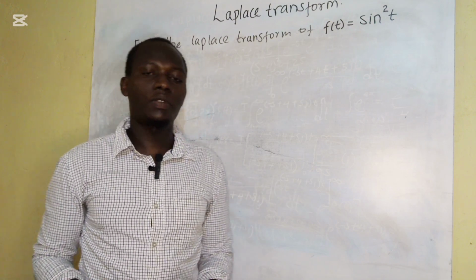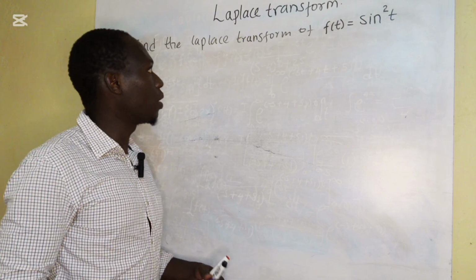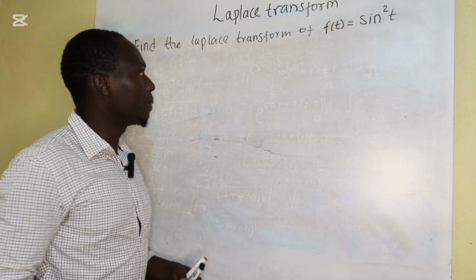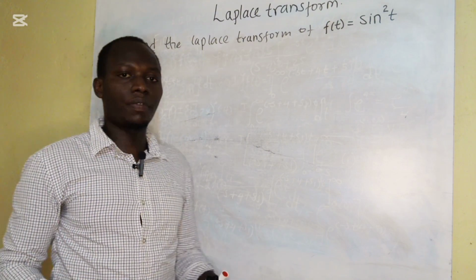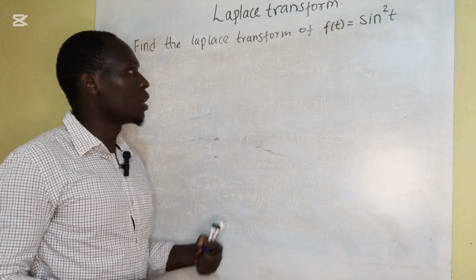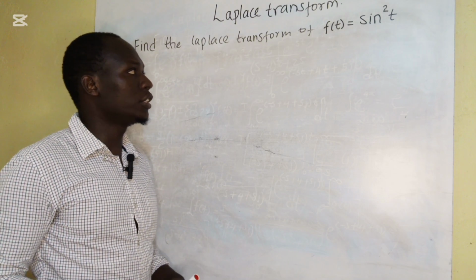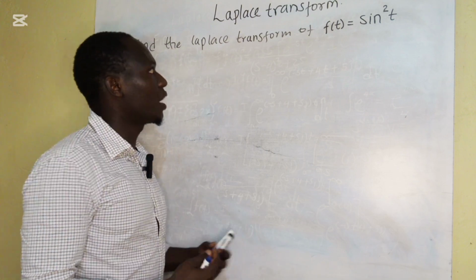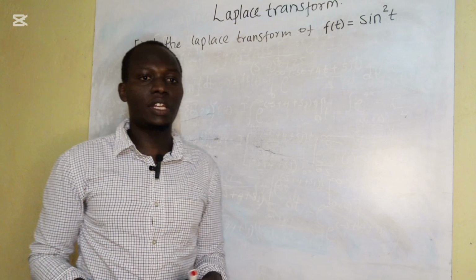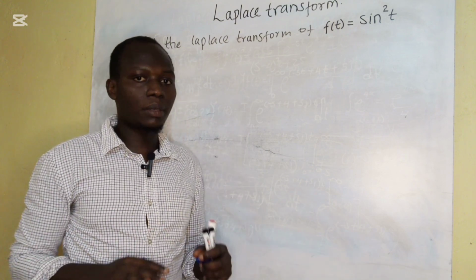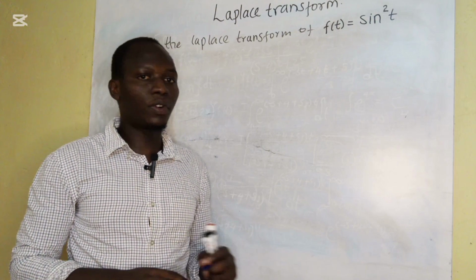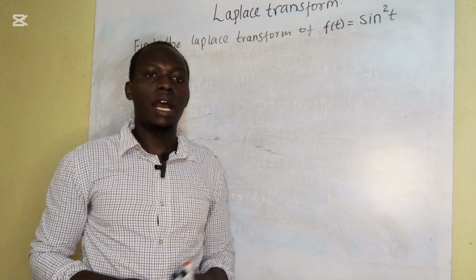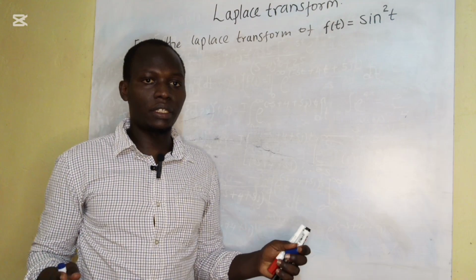In our session for today, we are going to discuss finding the Laplace transform of our function f of t is equals to sine t everything squared. When it comes to finding the Laplace transform of a function like this one, there are multiple things that we need to carry out before even starting our working.